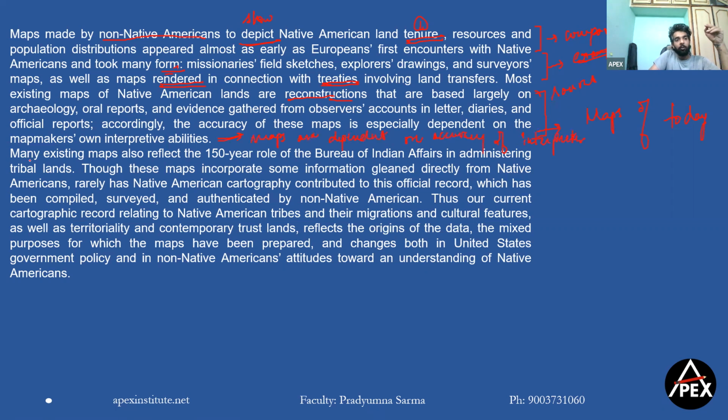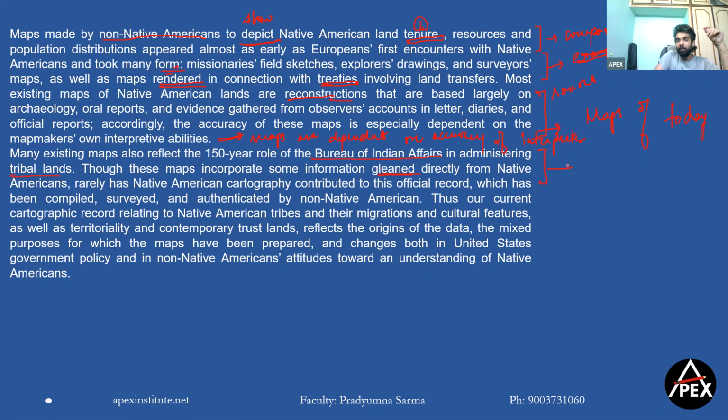Okay. So many existing maps also reflect the 150-year-old Bureau of Indian Affairs in administering tribal lands, though these maps incorporate some information gleaned, again, one other new word, gleaned directly from Native Americans. Rarely has Native American cartography contributed to this official record. So basically, some maps are showing us about the Bureau of Indian Affairs, okay, which is administering the tribal lands.